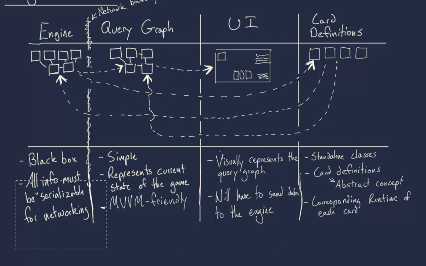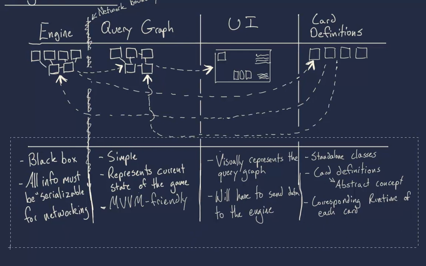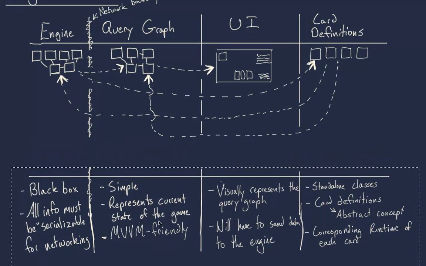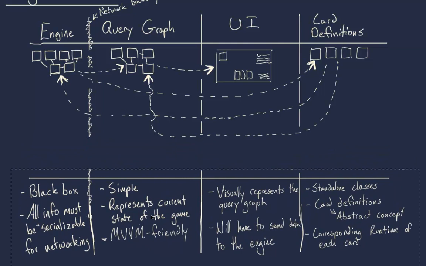So that's why I'm saying there might be a duplicate query graph, or there might be simply different objects that are reinstantiated for the query graph. One set of objects being used for the UI, the other one being used for the card definitions. I'm not exactly sure how I'm going to figure that out, but that's my issue with it, that it implicitly couples card definitions with the UI, which is something that I don't want to happen. Okay.